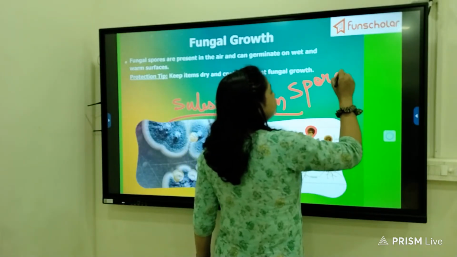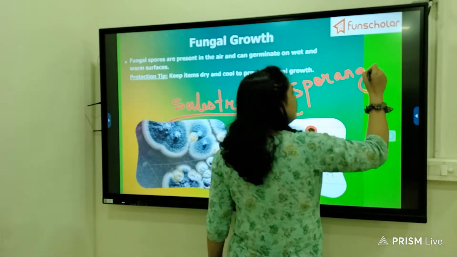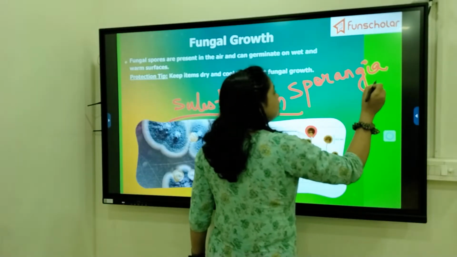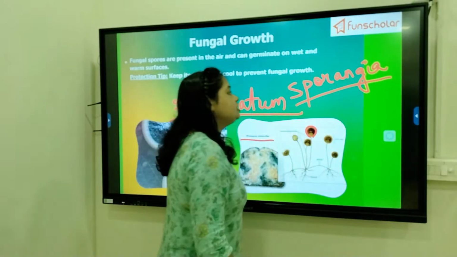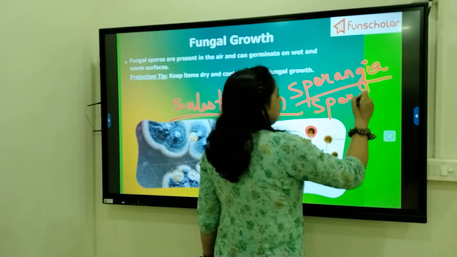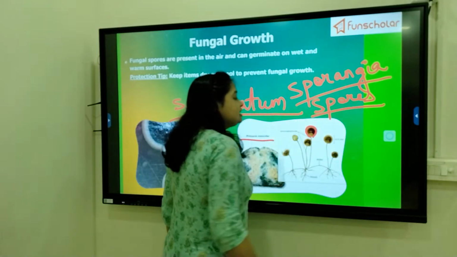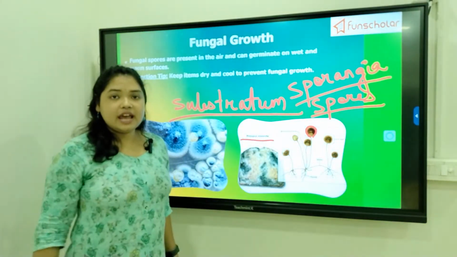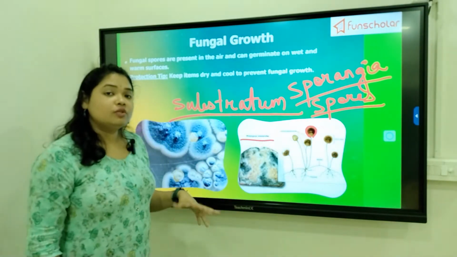These are the sporangia in plural, and in singular it is the sporangium. So these sporangia will contain the spores, and the spores are dispersed in the air and it spreads from one place to another.